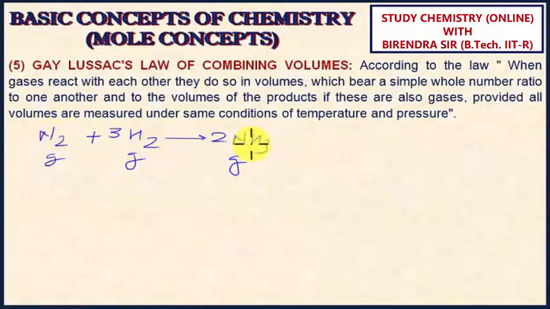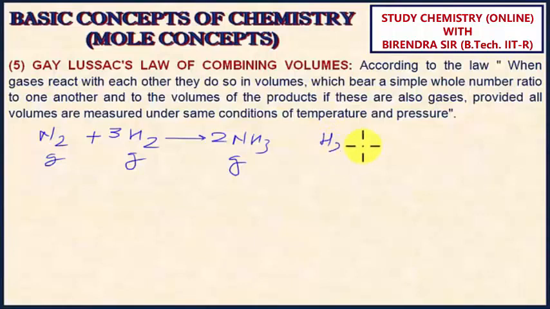Now, since these components are in gaseous state, the law says you can say 1 liter of N2 reacts with 3 liters of H2 to give 2 liters of NH3, or 1 ml of N2 reacts with 3 ml of H2 to produce 2 ml of NH3.